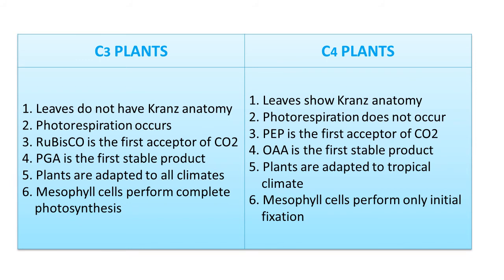After that, it passes through the C3 cycle and sugar formation takes place. So, we can say there is a difference between C3 and C4 plants. These are the comparative points or differences between them.